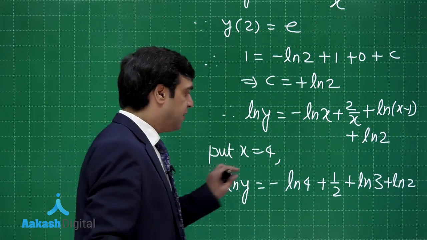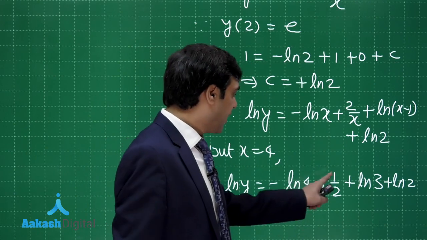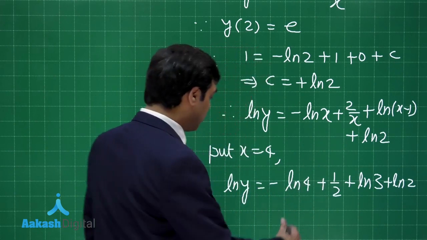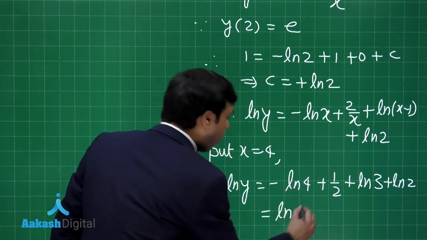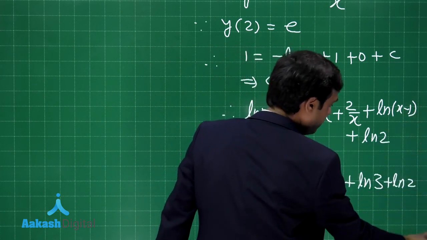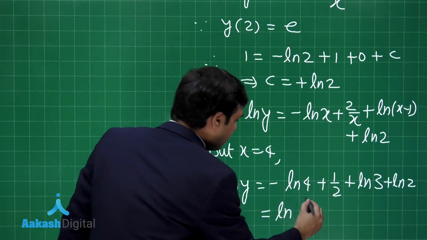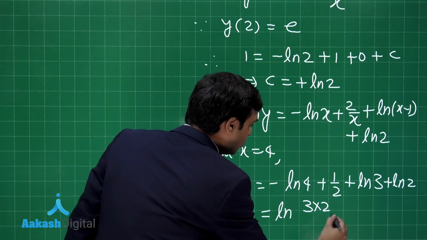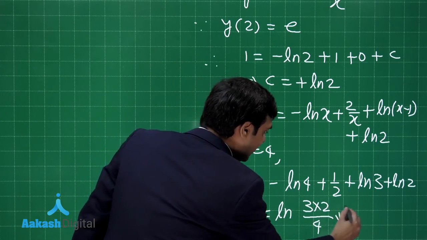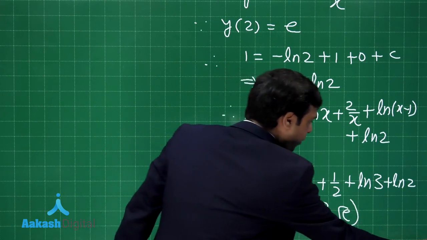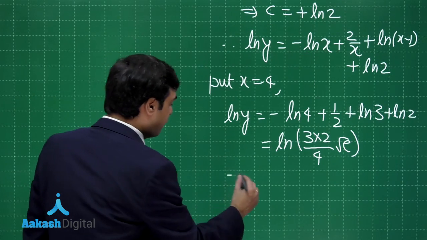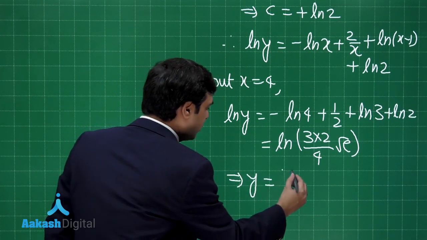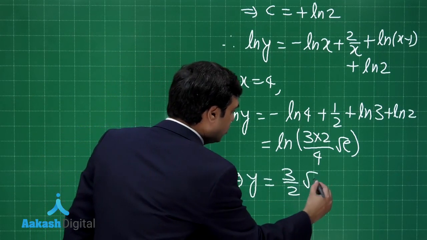Now we can see every term as log. Half can be multiplied with log e, so we can rewrite it as log 3 into 2 upon 4 into root e. So from here we can see that the value for y is equal to 3 by 2 root e.